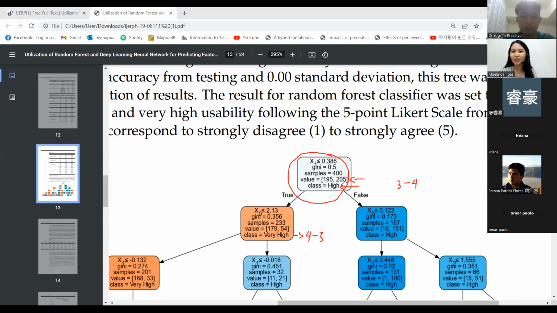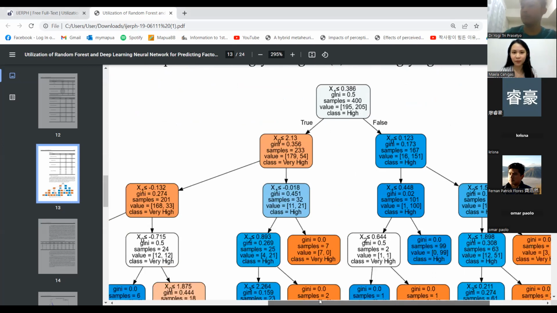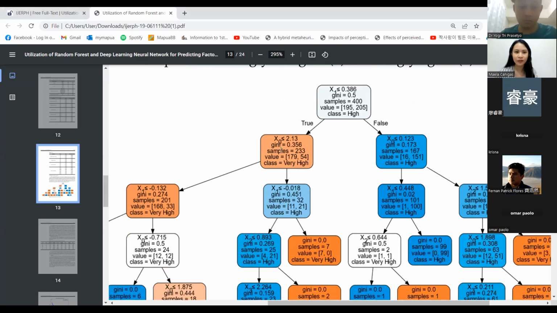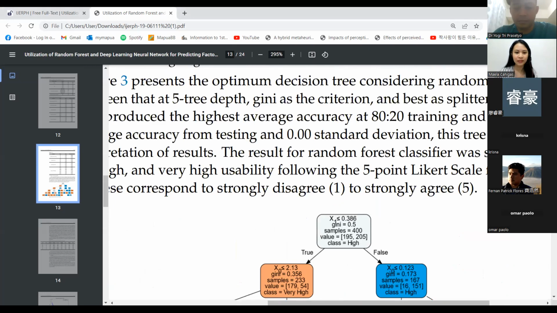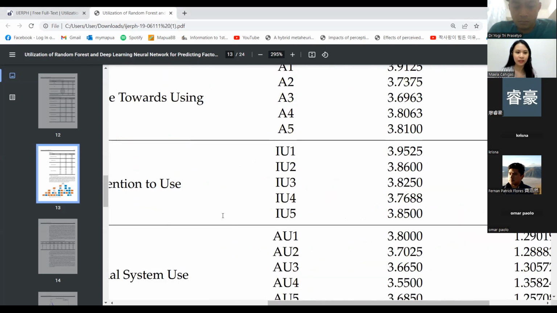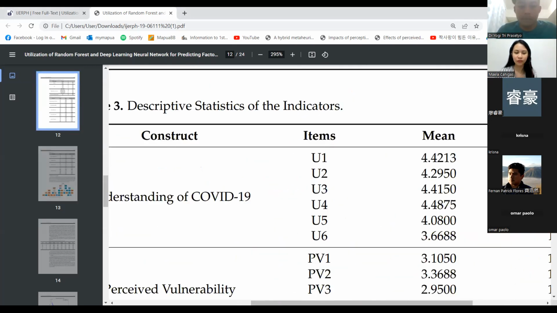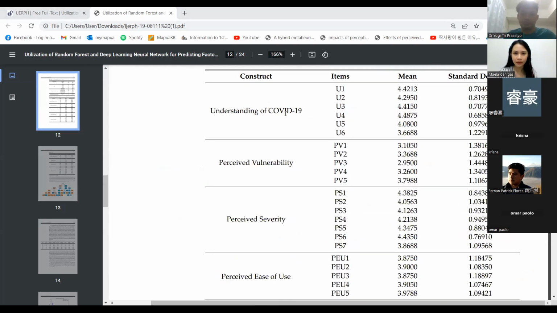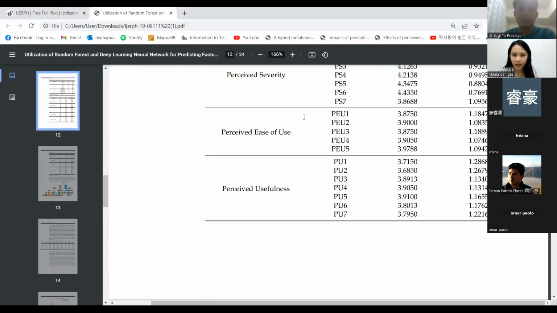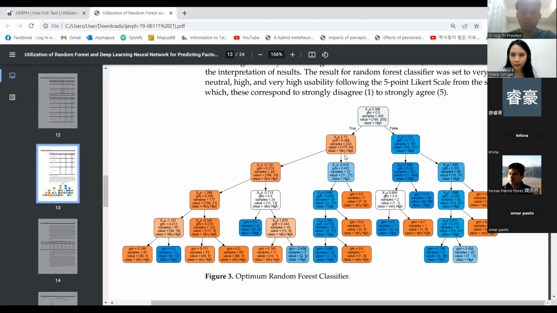But as long as you can show this part, there is nothing to worry about. The next most important variable would be x0. The x0 is most likely the topmost construct that's understanding COVID-19. And then the next part would be x1.